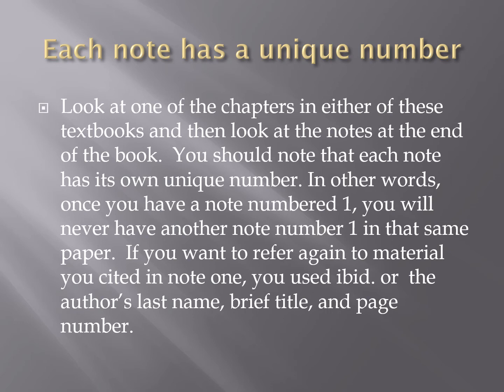I have had people turn in papers where every time they referred to a source, they had the same number on it. I frankly don't even know how they did that, because in Word, when you tell it to insert a note, it will automatically create a new number. So the same number should never appear again. If you want to refer again to material you cited in the first note, you can use Ibid, or you can give the author's last name, brief title, and page number.